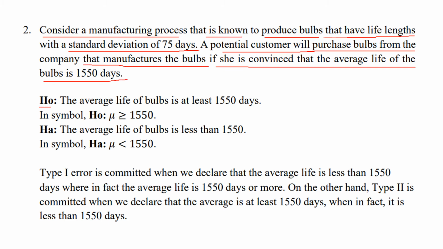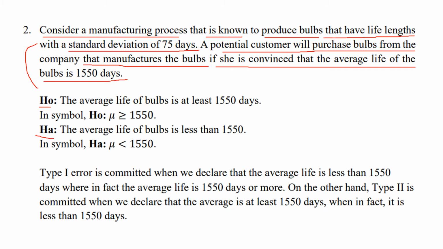So our HO, based on your statement, so we always formulate your null and alternative hypothesis based on the given statement. So from that, we can formulate your null and alternative hypothesis.